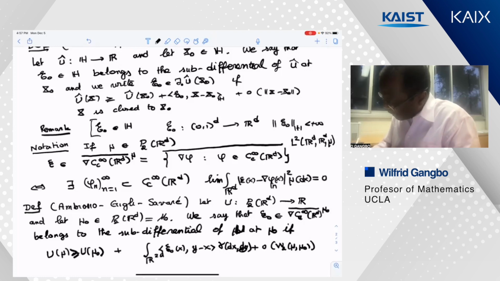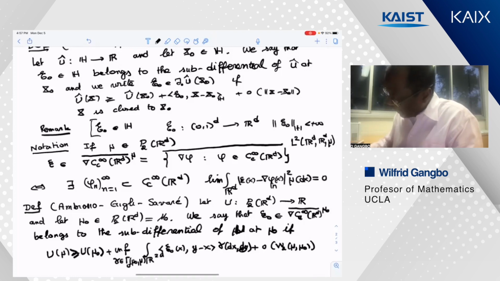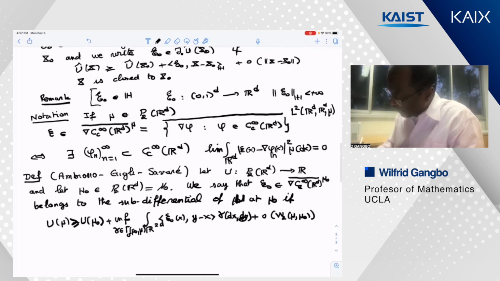How do you choose the gamma? You are going to consider the gamma minimizing the Wasserstein distance. So you write the infimum over gamma, which has mu naught and mu as marginals, and minimizing the Wasserstein distance.